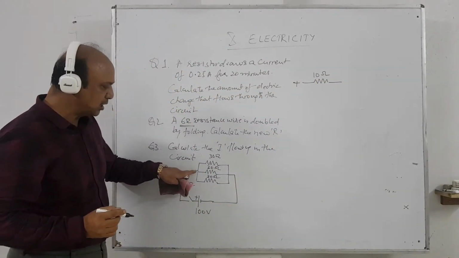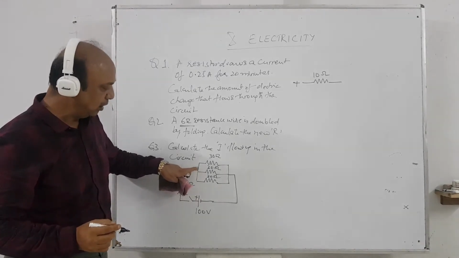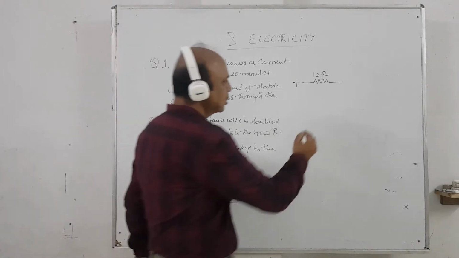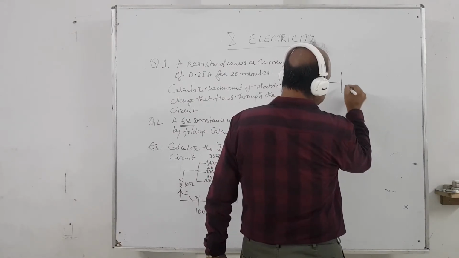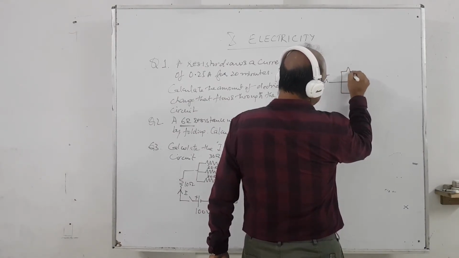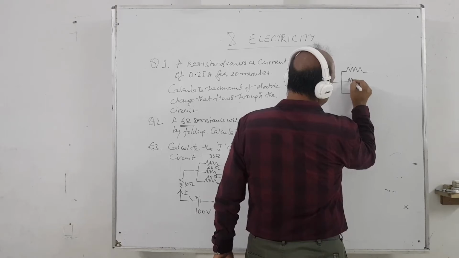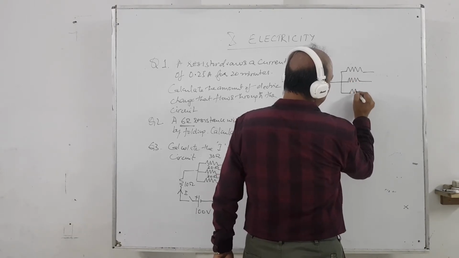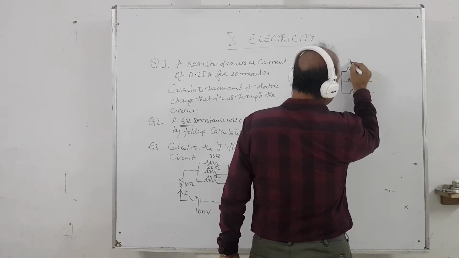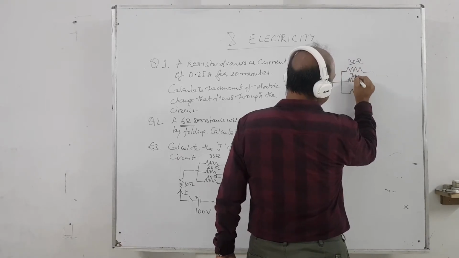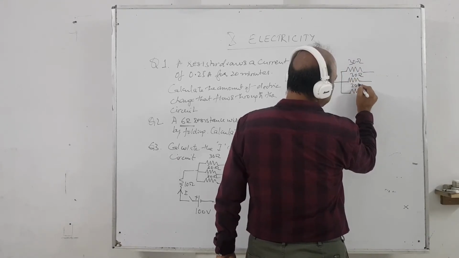Then this 10 ohm resistor goes and joins a junction which is splitting into 3 parts. So let me draw 3 parts. These are 30 ohm resistances, 30 ohm, 30 ohm, this also is 30 ohm.